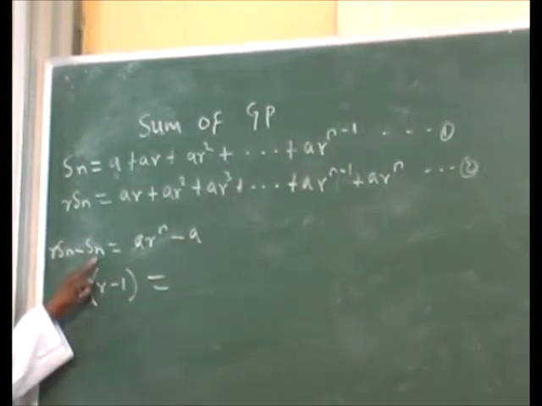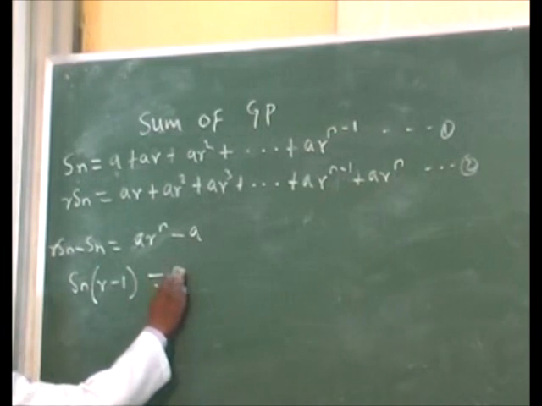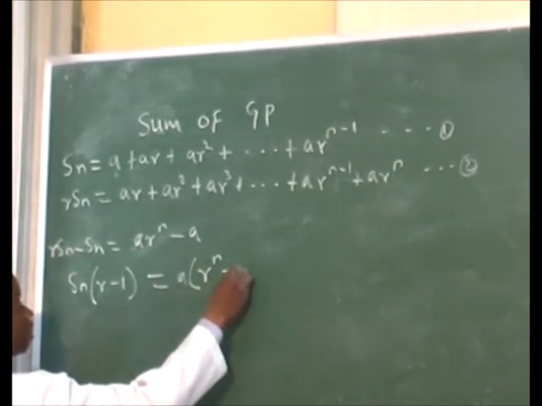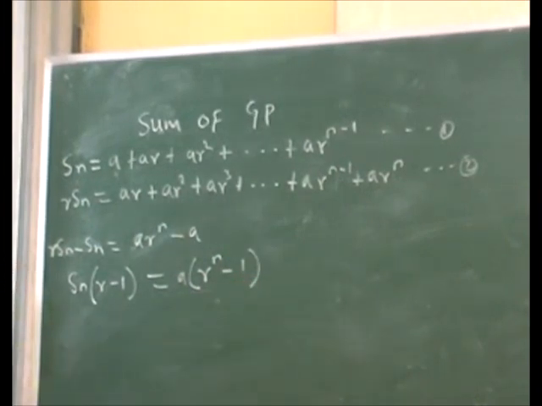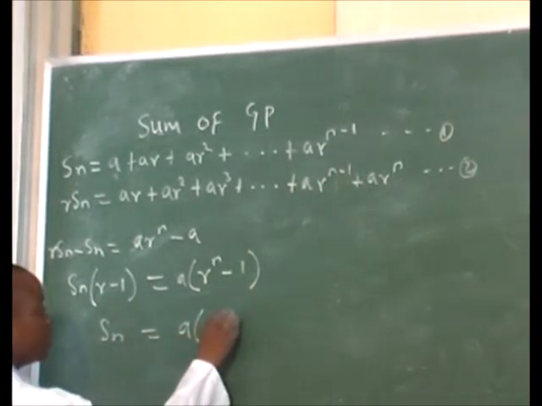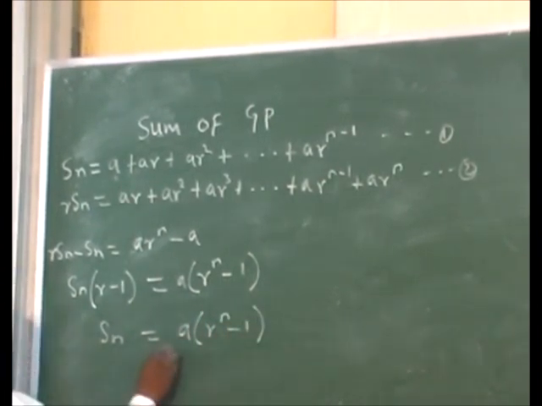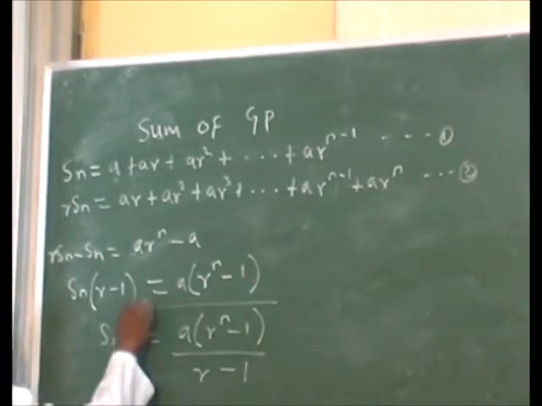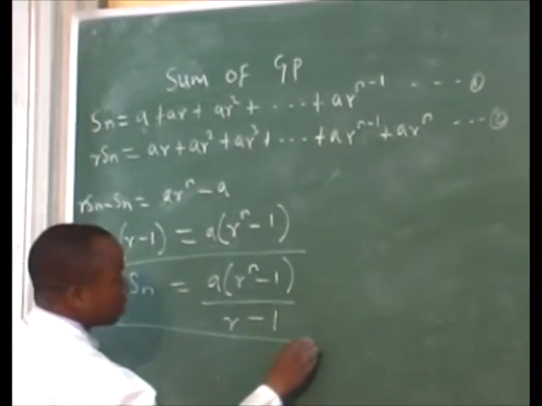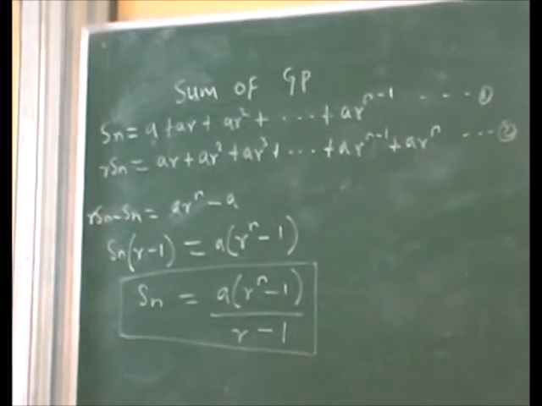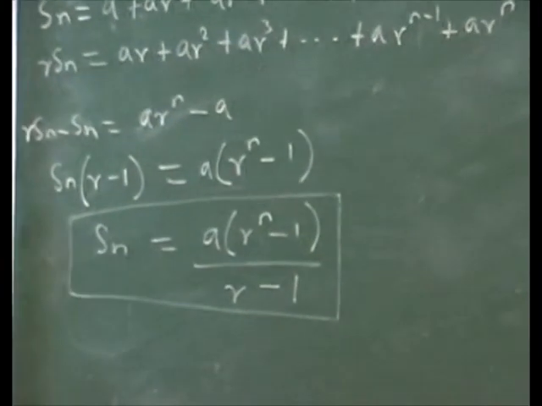Factoring out Sn, Sn will be equal to A(R raised to n minus 1) is still the same. So Sn will be equal to A(R raised to n minus 1) all over R minus 1. Now this formula is called the sum formula for any GP.